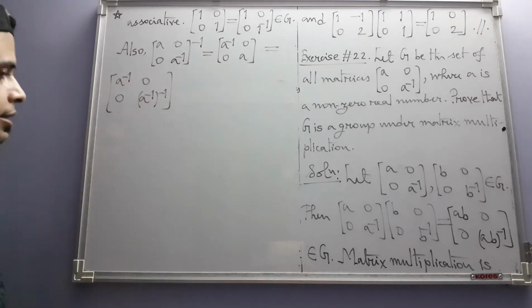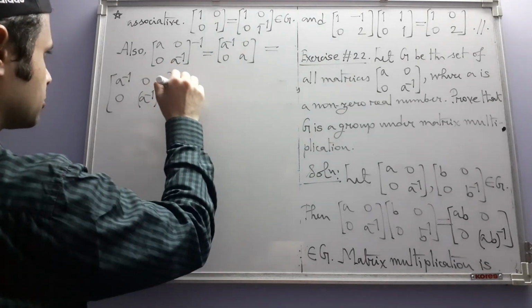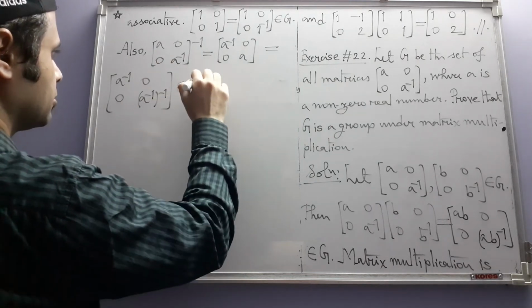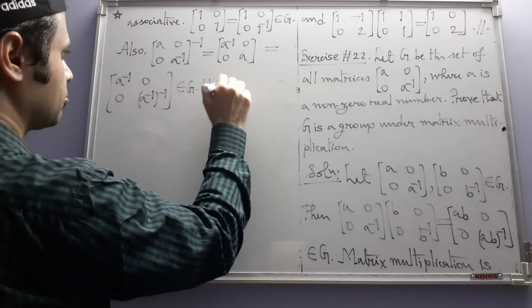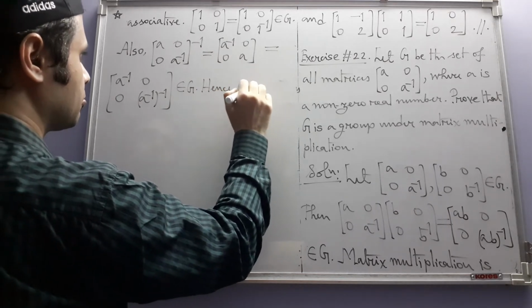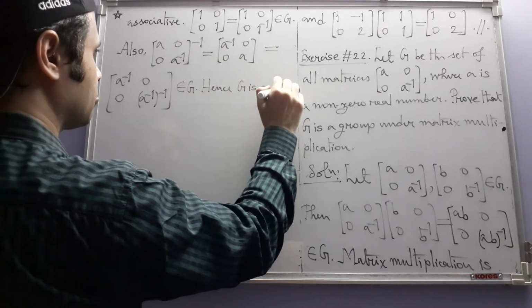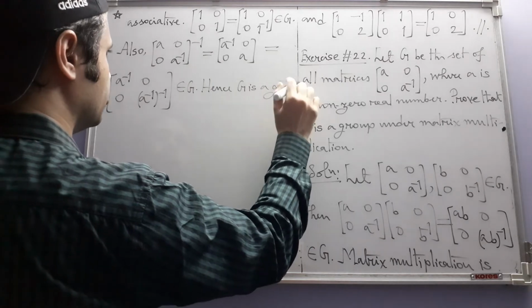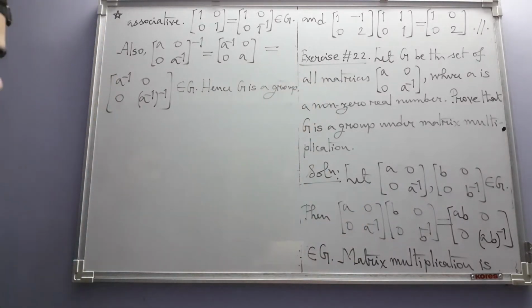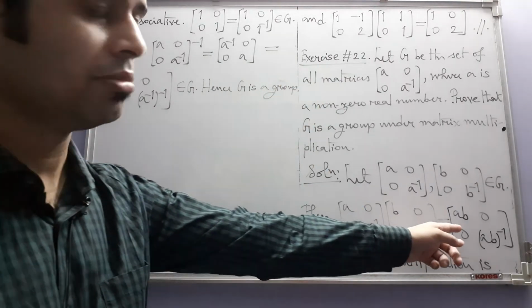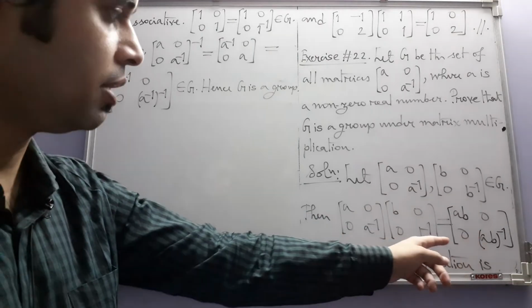So this is again a matrix of that form, so this belongs to G. Hence, G is a group.